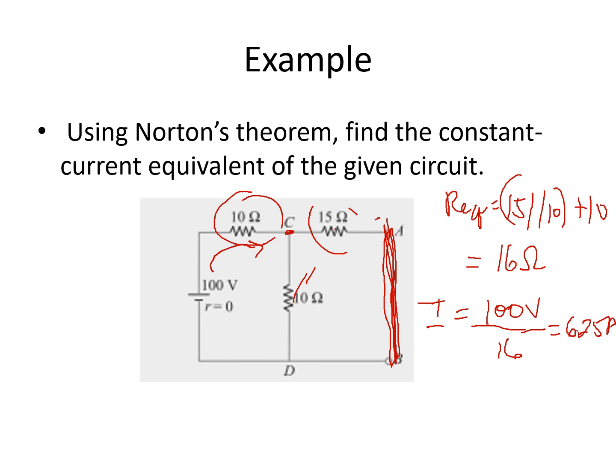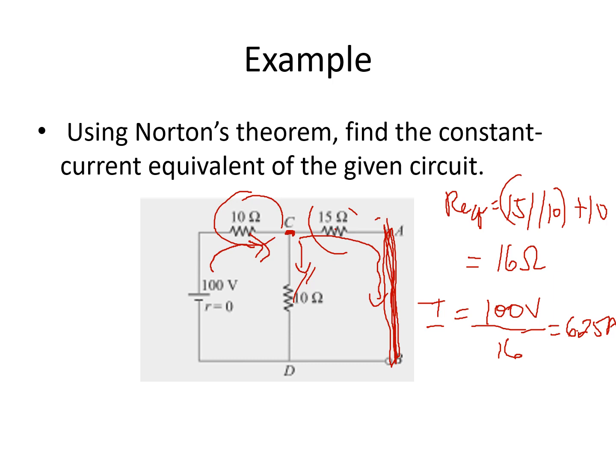So what we're going to do is use current divider at point C. At this point C, this 6.25 ampere current will divide. One will flow across your 10 ohms and one will flow across your short circuit.